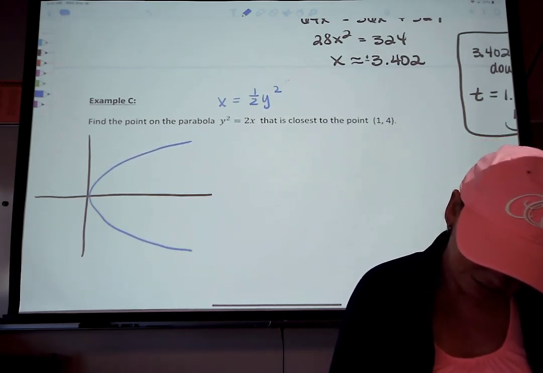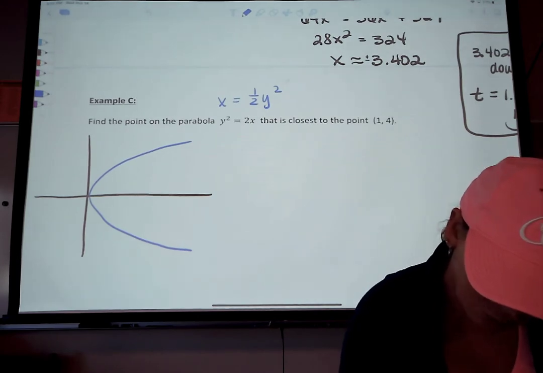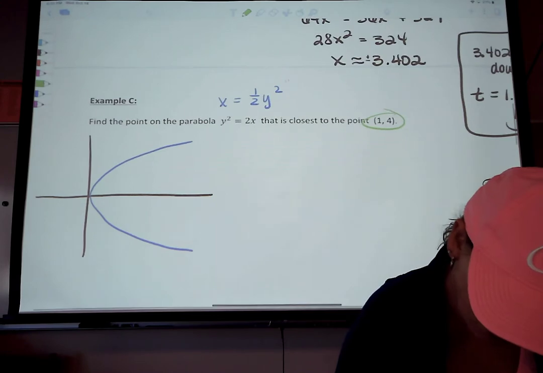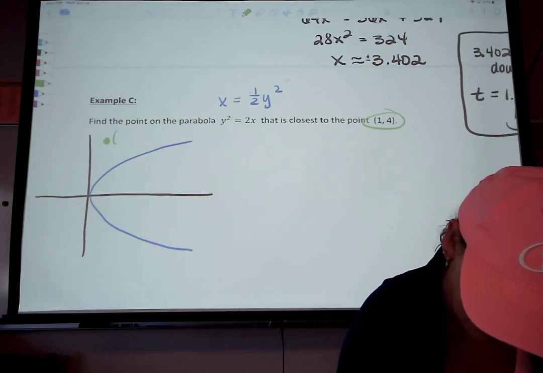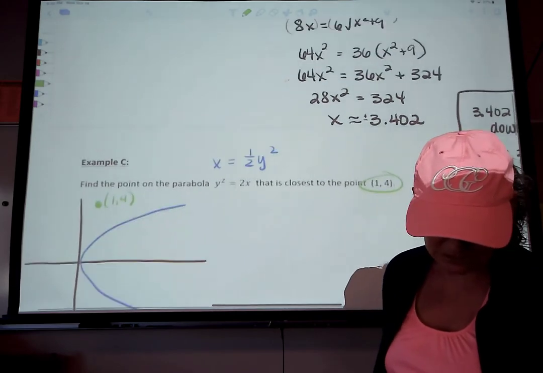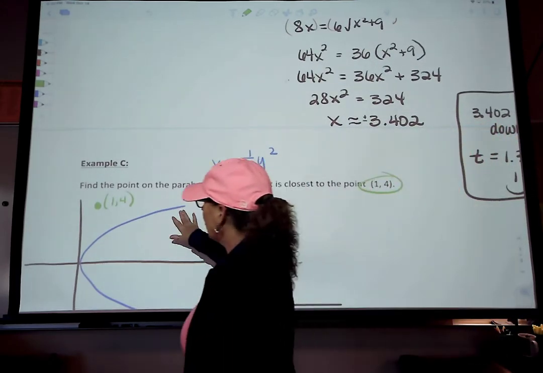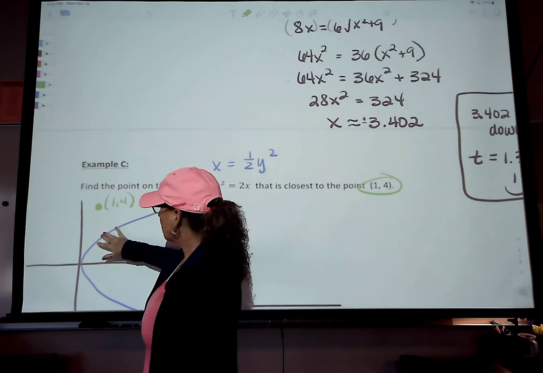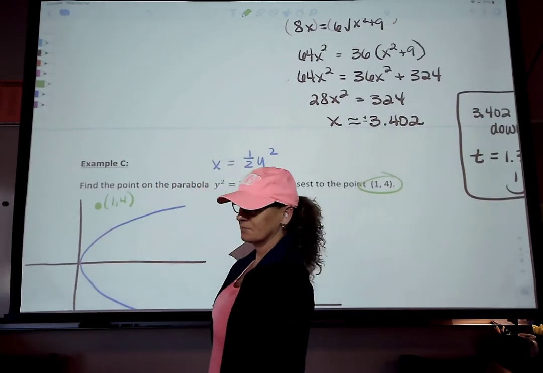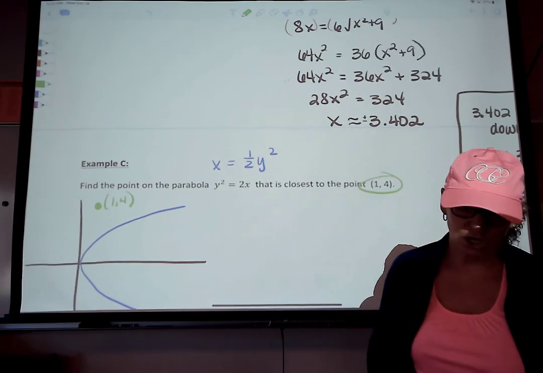And so there's the parabola, and we want it closest to the point (1, 4). (1, 4) is going to be up here. So here's what it's asking. Find the point on the parabola closest to this. Closest.